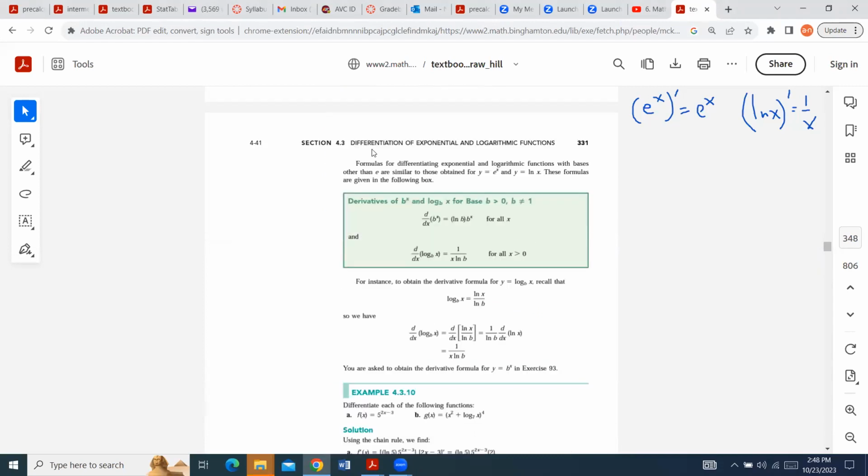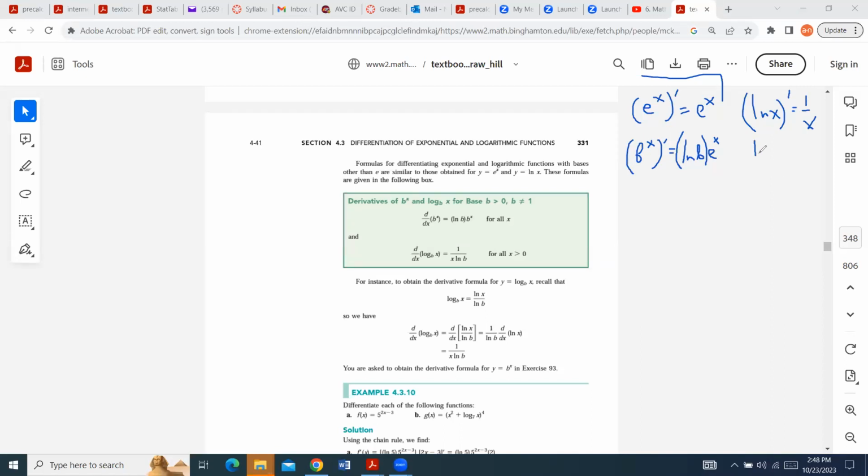For example, the derivative of b to the power of x would be analogous to the formula above, but multiplied by ln of b. So ln of b appears and it's multiplied by b to the power of x.